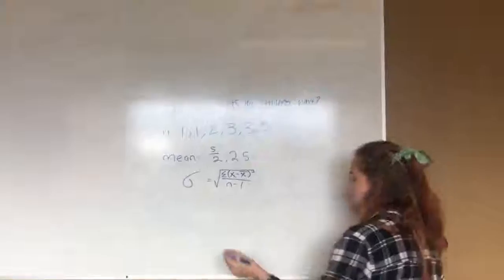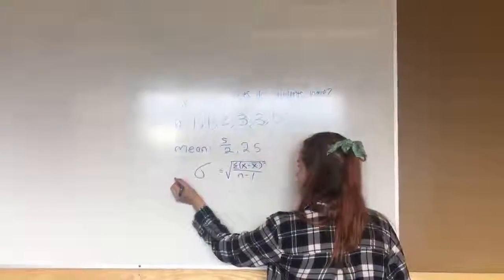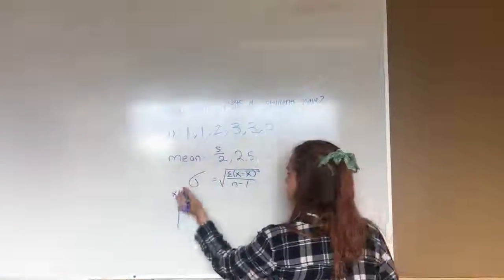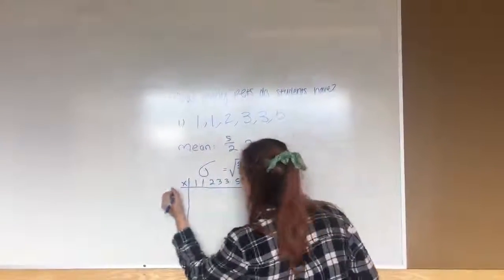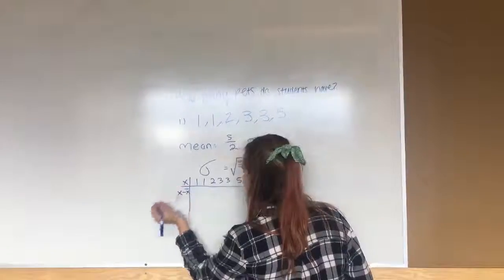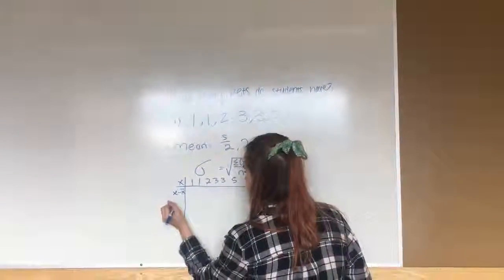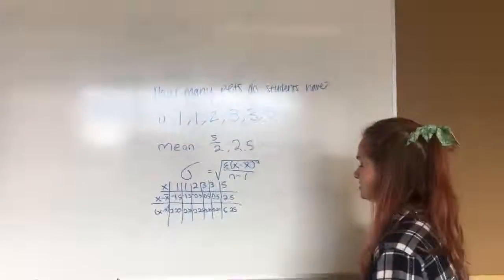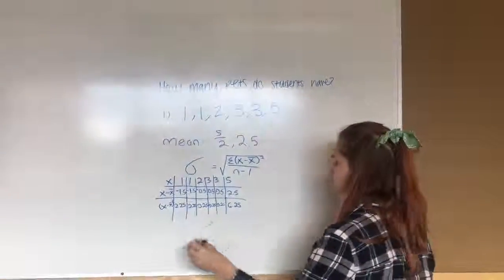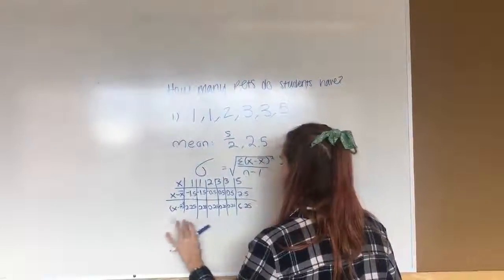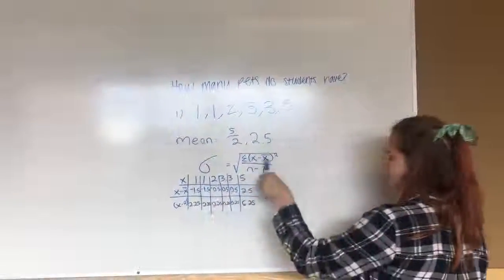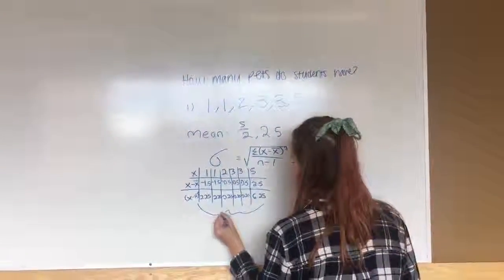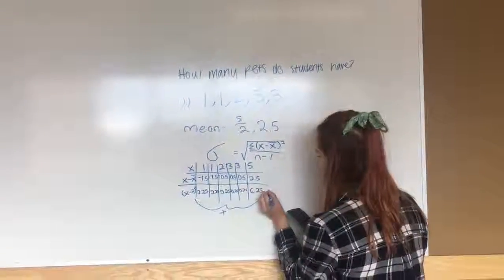You would then begin to create a table that starts off with all of your data, and then you're going to do x minus the mean, and then the next part would be x minus the mean, squared. Alright, so your next step, once you have all of your numbers written in the table, and this is just the first part of the equation right here, you're going to add up all the values, which equals 11.5.